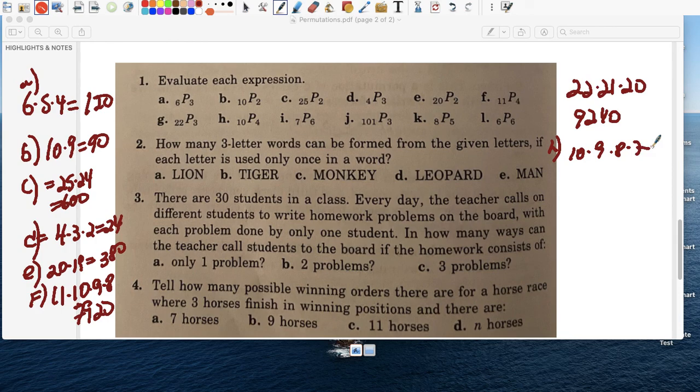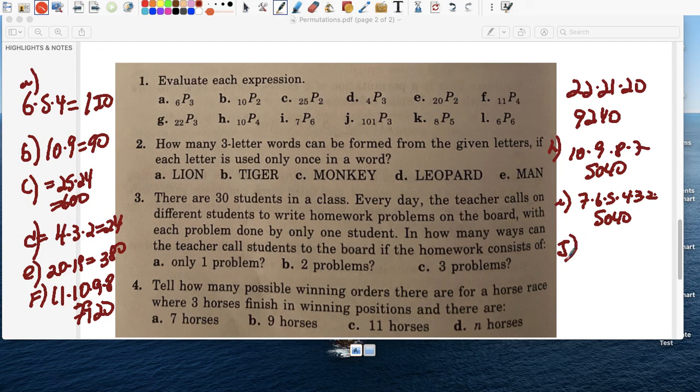Ouch. So that's going to be 90 times 56, 5,040. I is going to be 7 times 6 times 5 times 4 times 3 times 2 times 1, so it's going to be 5,040 as well.